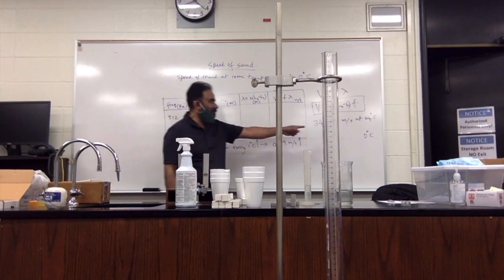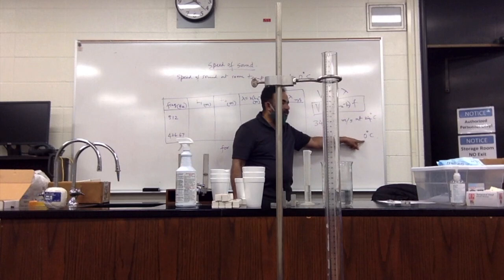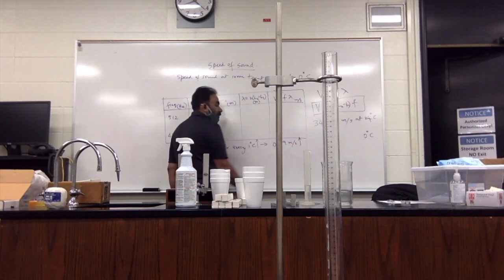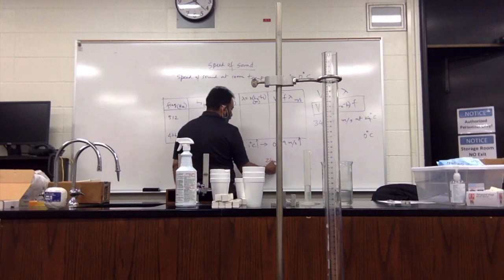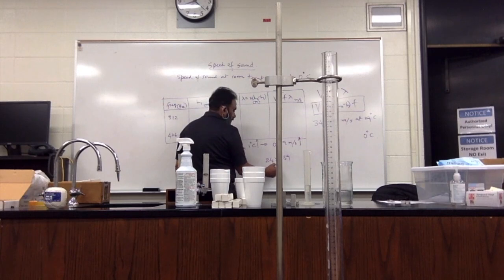So based on that, what do you think is the speed of sound at 0 degrees Celsius? The temperature from 24 to 0 is a 24 degree Celsius fall. That means we take 24 times 0.59. That much is the speed of sound changing. How much is that? 14.16.